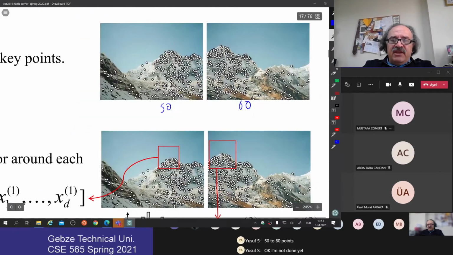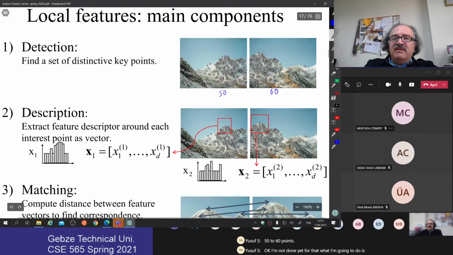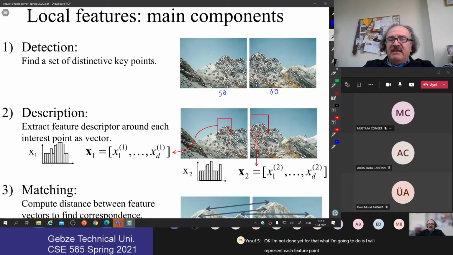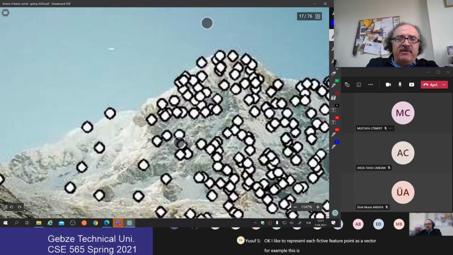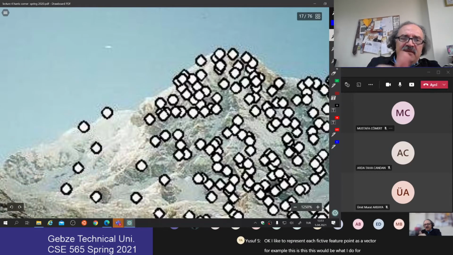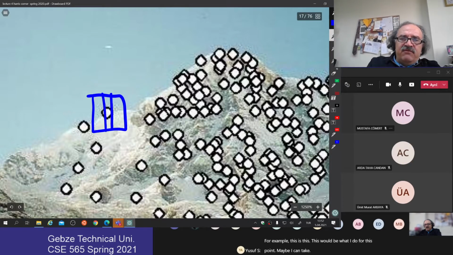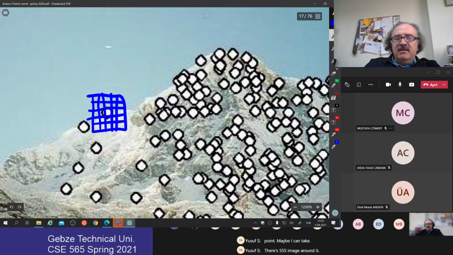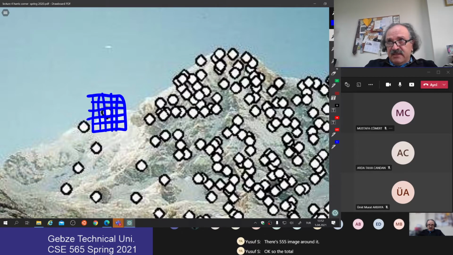For that, I will represent each feature point as a vector. For example, for this point, maybe I can take this 5 by 5 image around it. So the total of 25 pixels.